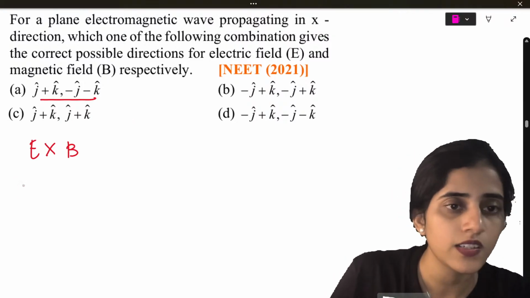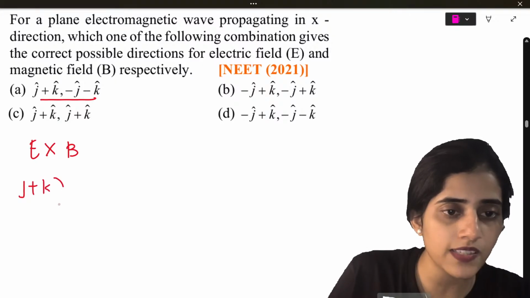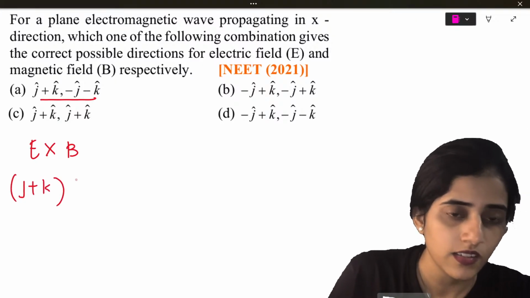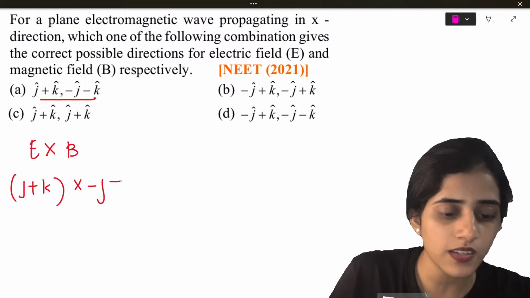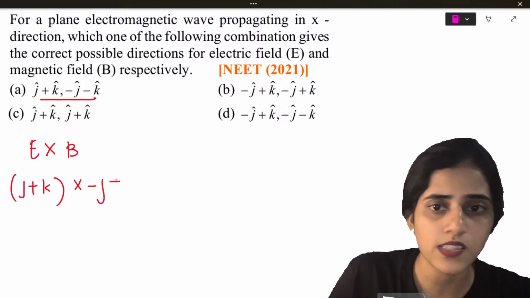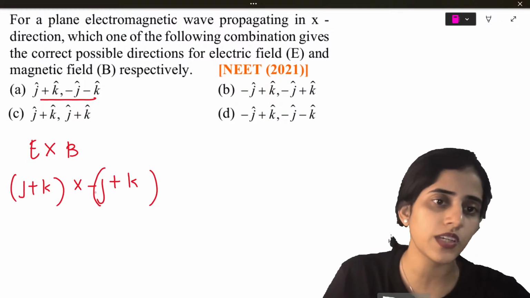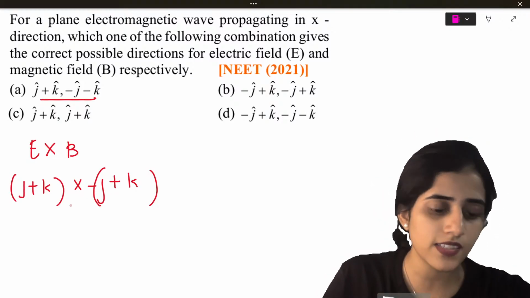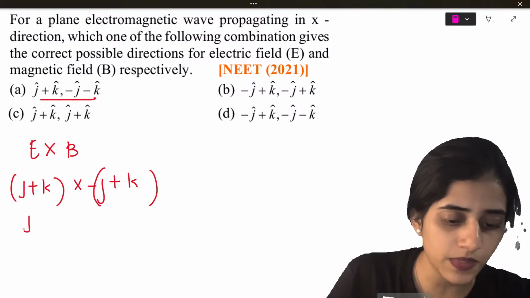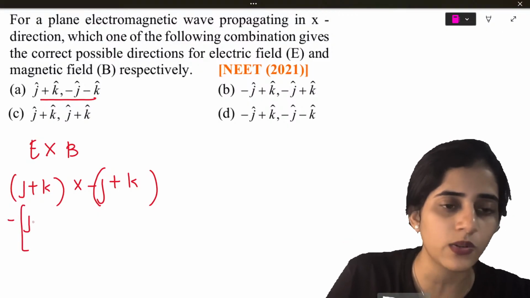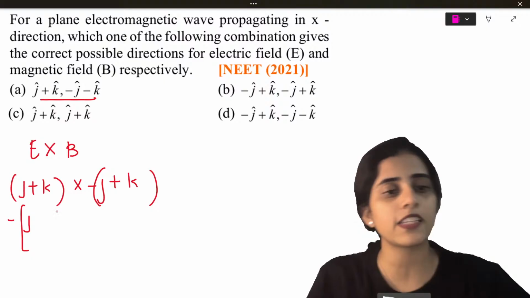Okay. So let's do it. J plus K cross minus J plus K. I'll just put the minus sign outside. Now what will this become? Minus, I will put it outside because the whole term has minus.